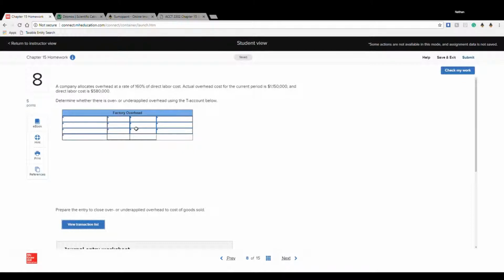So first thing we have to do is figure out our factory overhead. Now, like Connect loves to do, it actually wants to use the label. So everything that's on the debit side of factory overhead is going to be actual overhead. Everything on the right side is going to be basically overhead applied.